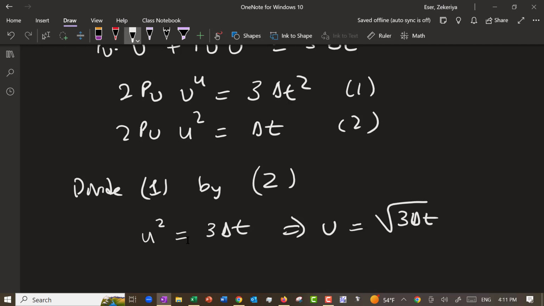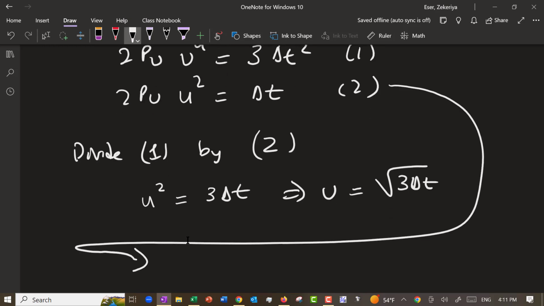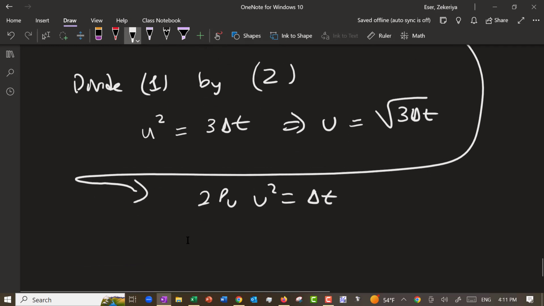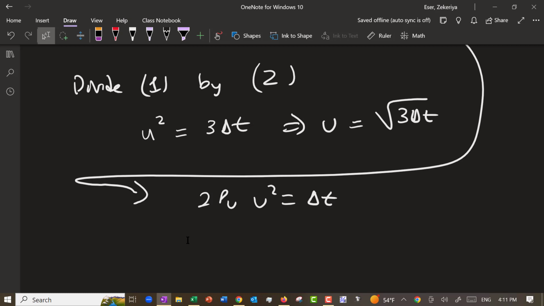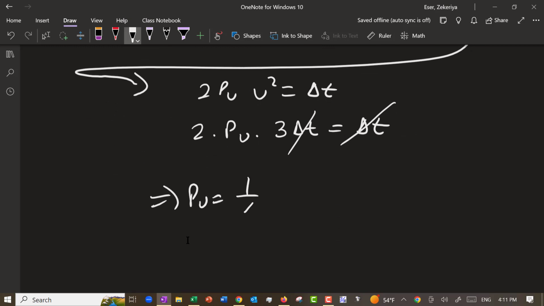Going back to the first equation, 2 pu u squared equals delta t, or 2 times pu times 3 delta t equals delta t, so pu equals 1/6, which implies pd equals 1/6 and pm equals 2/3.